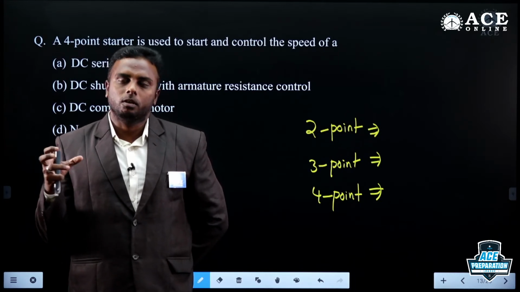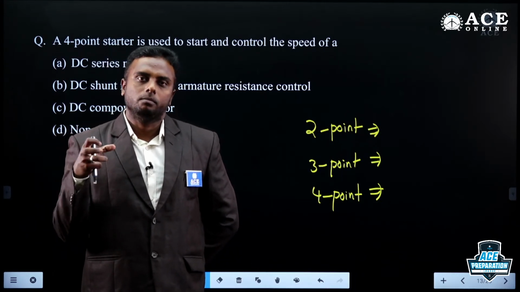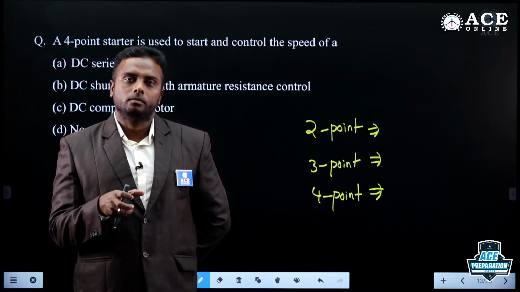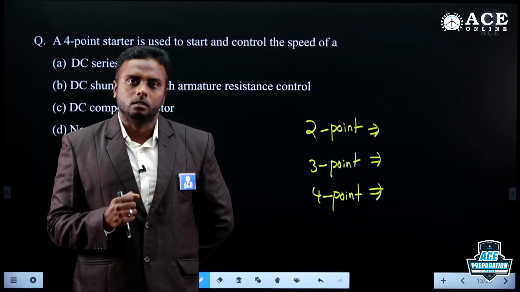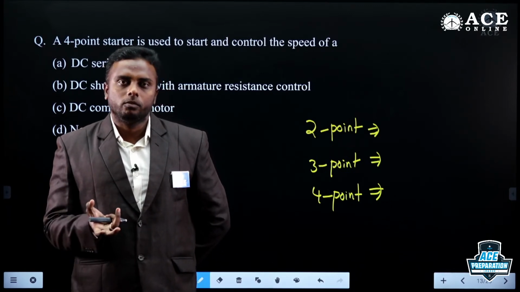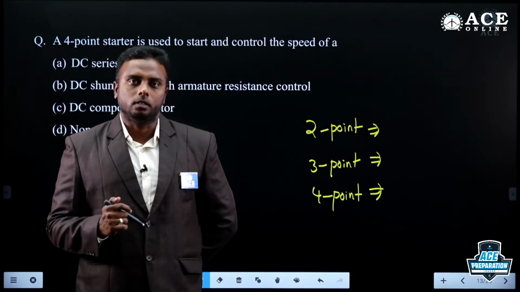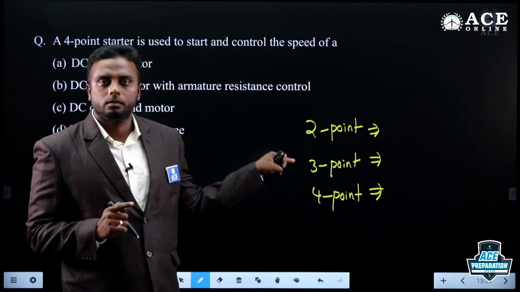At the time the supply is just given, the back EMF induced in the motor is 0, because the armature has to rotate, and only then will EMF come. Otherwise, there is no back EMF. That's why high currents flow. To limit that, we use these starters.